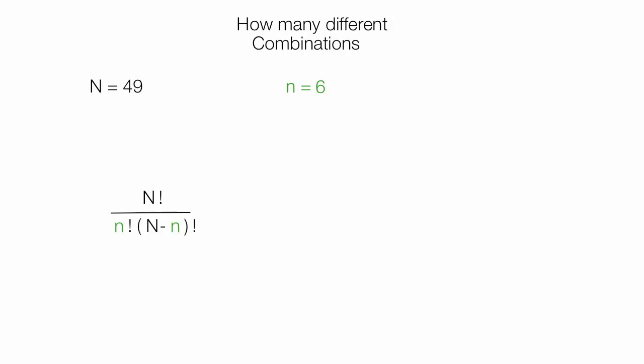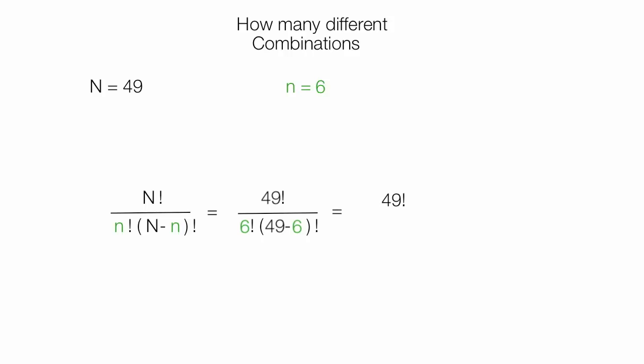So this is my standard equation. I'm going to just plug and chug. So I take 49 factorial divided by 6, the green 6, factorial. And then I take 49 minus 6, close the parentheses and a factorial sign.